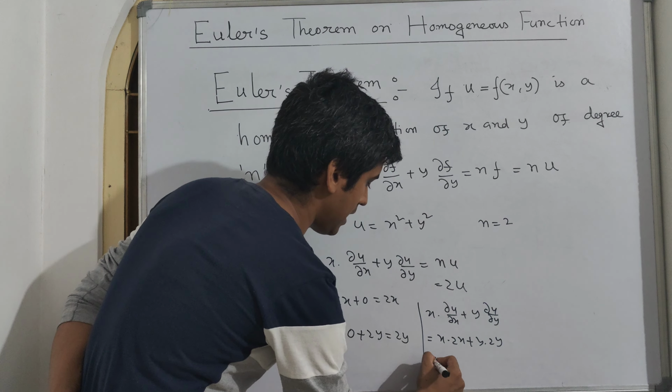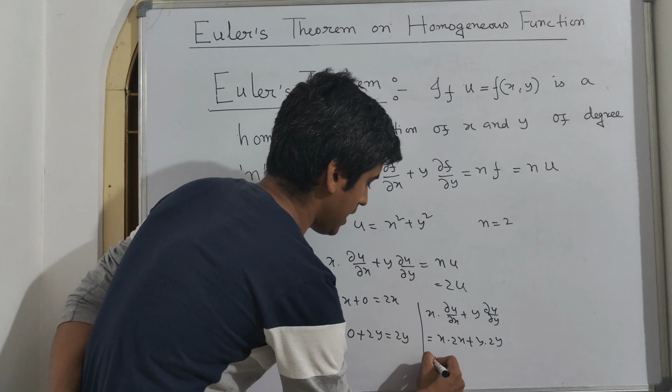Now here u equals xy divided by x minus y, and we can write it as x square into y by x divided by x into 1 minus y by x, that is x into y by x by 1 minus y by x.